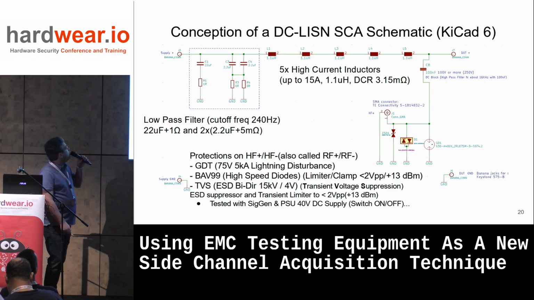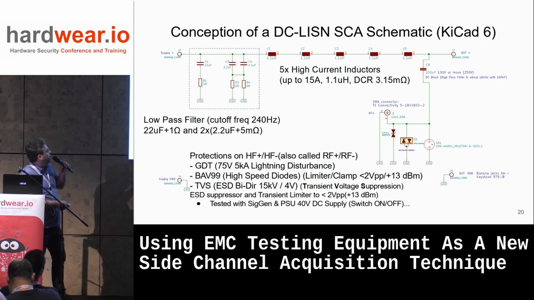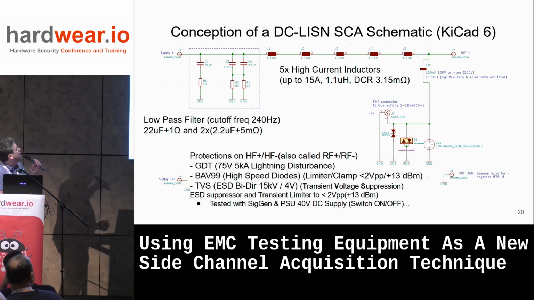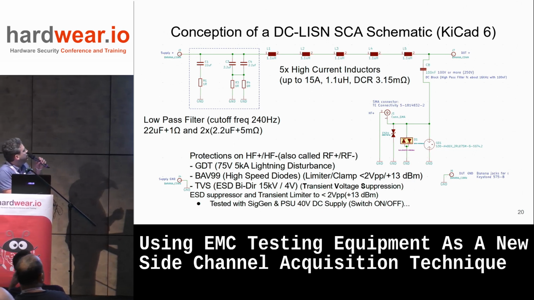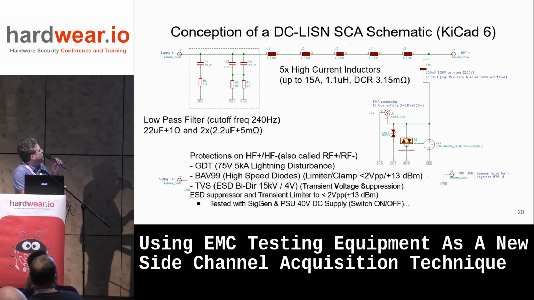So let's continue the conception of the DC LISN. We will use KiCad. As I said, I use only open source tools for everything. Like we have seen before, we have a 22 microfarad with a resistor and a 2.2 microfarad capacitor.